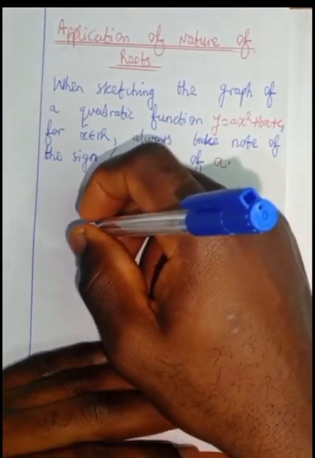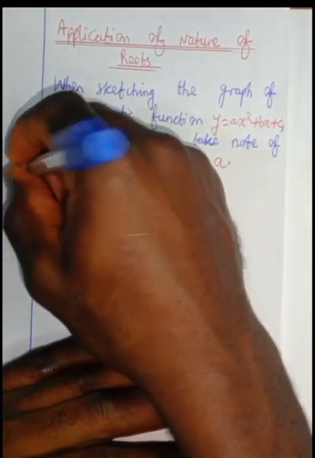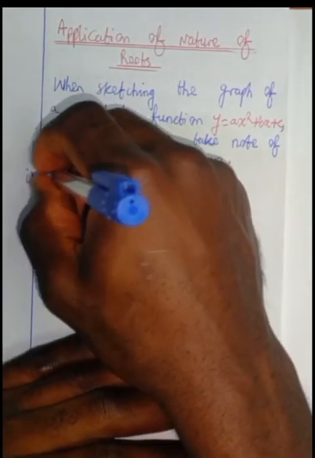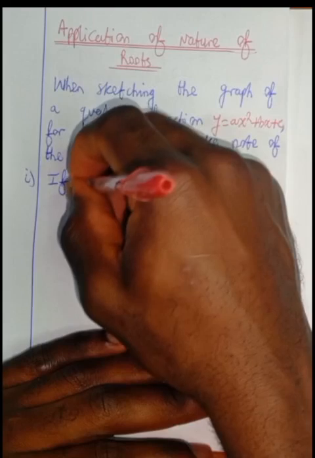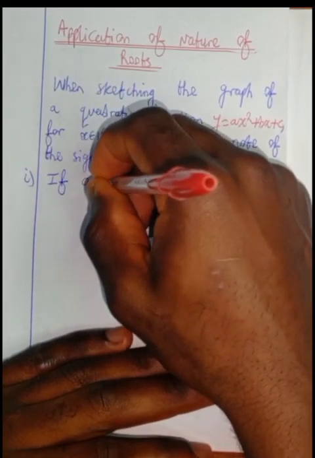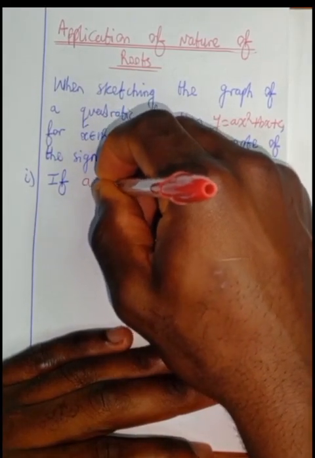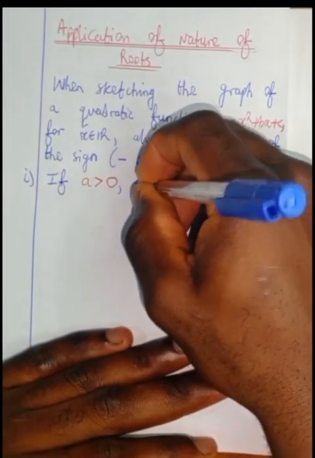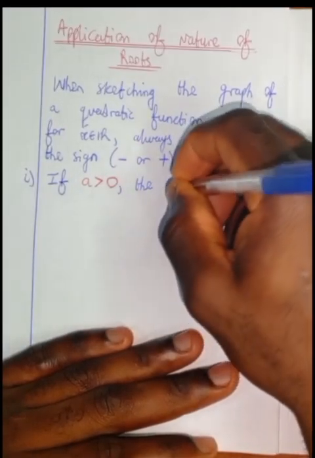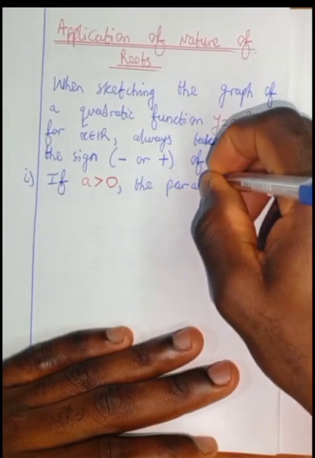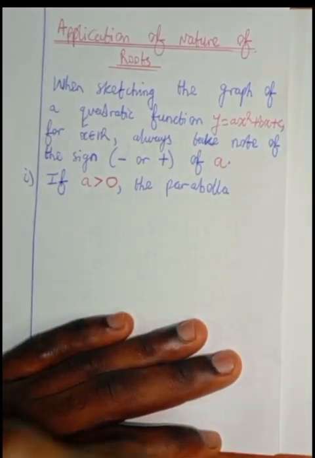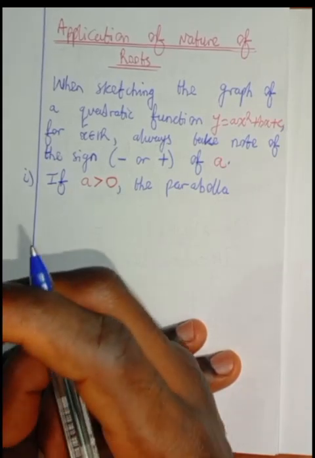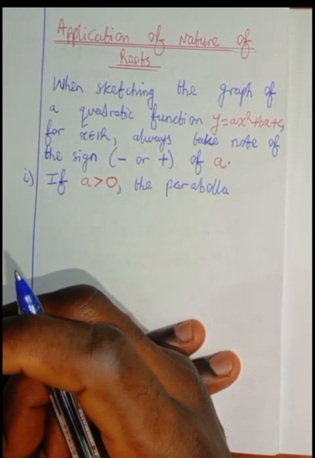Let's look at the various cases. We go by the margin. We take 1 if a is greater than 0. That means a is positive. Remember, a cannot be equal to 0. If a is positive, the parabola, remember, when we sketch quadratic functions, the curves we obtain are called parabola.